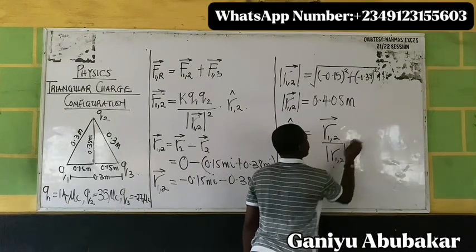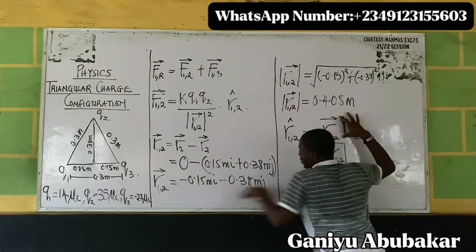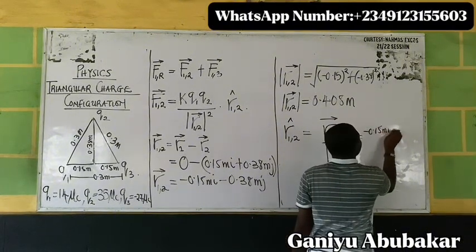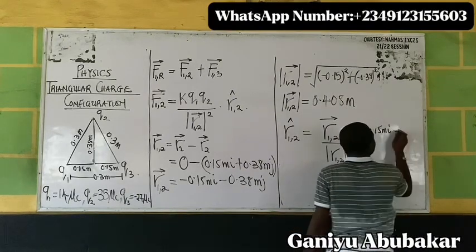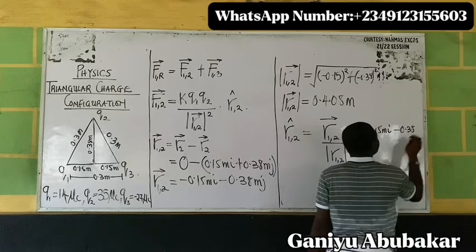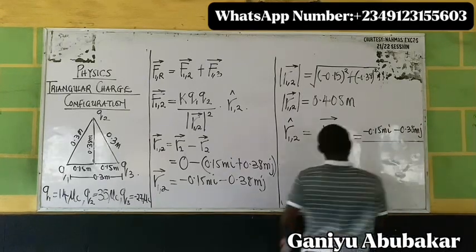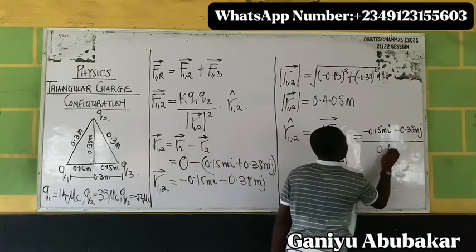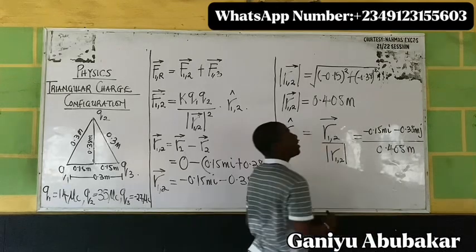The position vector is negative 0.15 meters i minus 0.38 meters j, all over the magnitude, which gives me 0.408 meters.